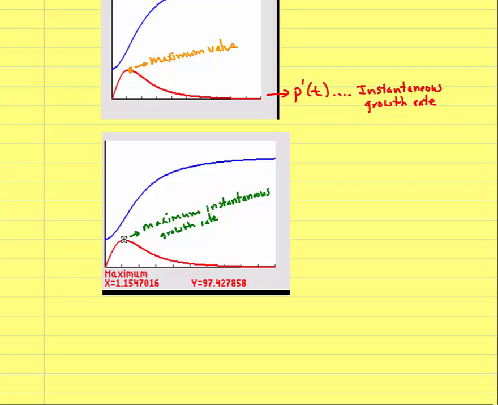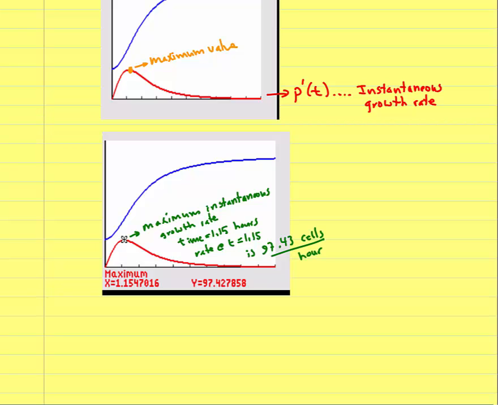So it occurs at time equals 1.15 hours, we'll say, and the rate at t equal 1.15 is 97.43 cells per hour. That's how fast it's growing at 1.15 hours. So we found a lot of information about this graph. It's pretty interesting to graph these and get a feel for exactly what's being said and how easily it can answer the question.